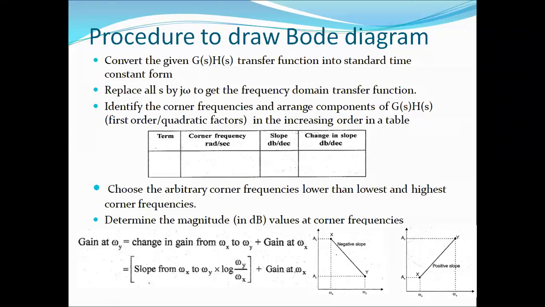There will be first order and quadratic factors available, and then order them in increasing order of the corner frequencies and tabulate them as given in the table.